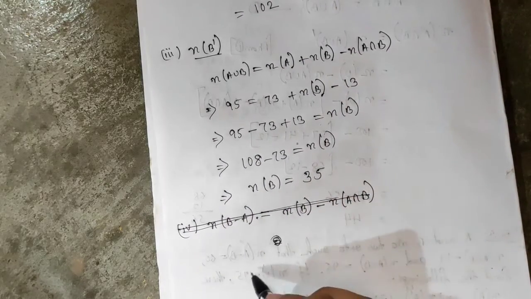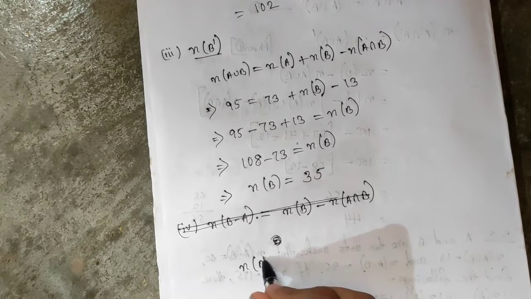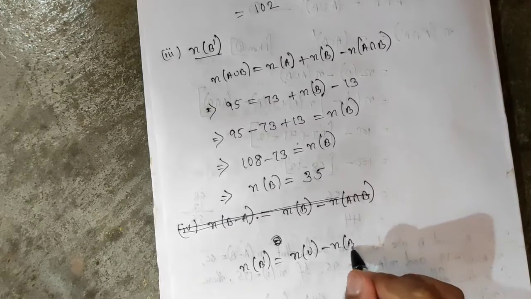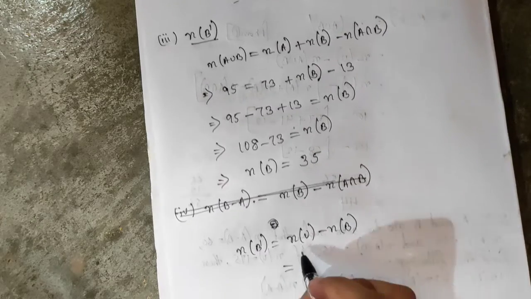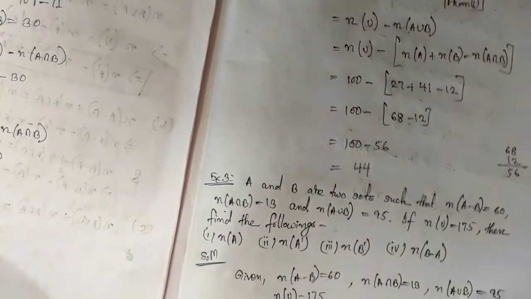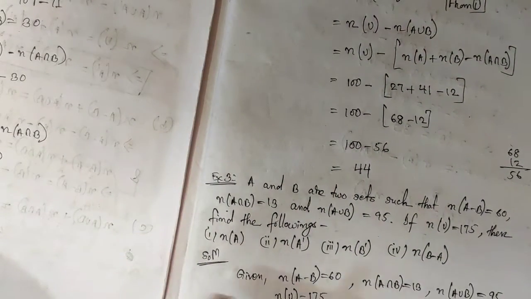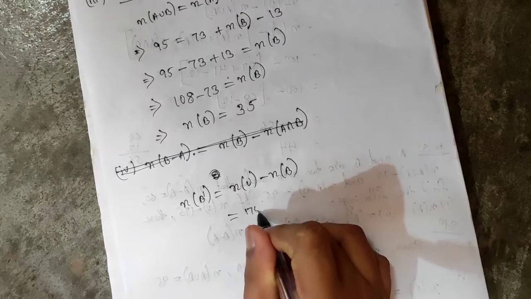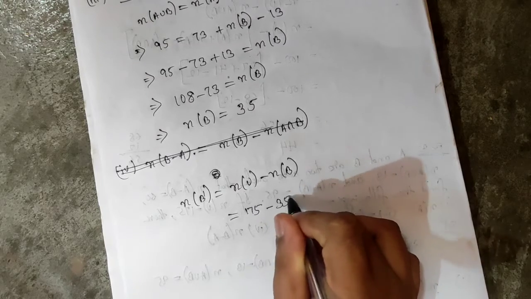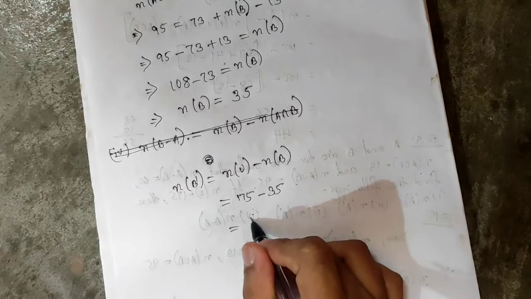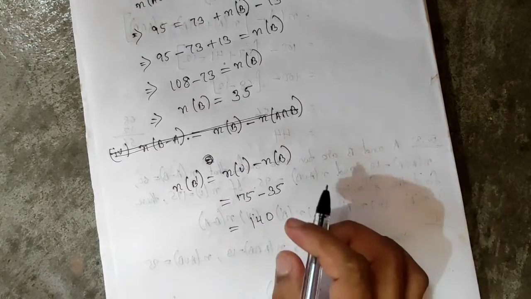So n of B dash will be, from the universal set, you subtract the number of elements in B. We have already seen n of U is 175. So 175 minus 35 gives 140. So n of B dash is 140.